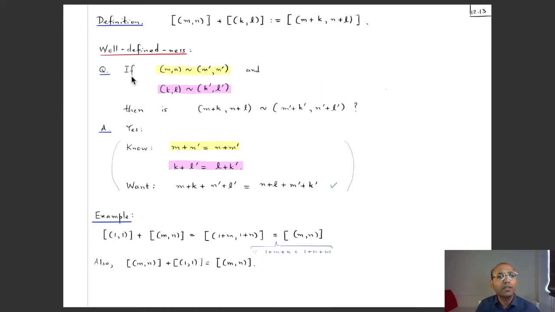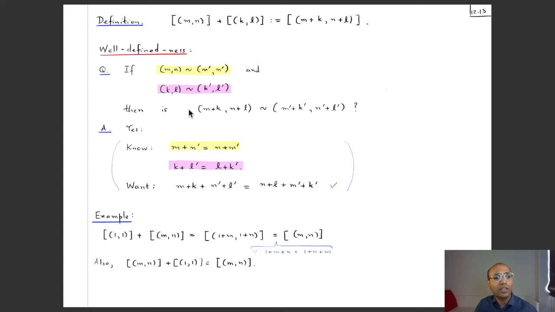To reiterate, the question is like this: if I take any two representatives from this set, say (m, n) and (m', n'), and any two representatives from this set, say (k, l) and (k', l'), then the result obtained over here, namely this ordered pair when I use (m, n) and (k, l), should be equivalent to the result I get if I use the representatives (m', n') and (k', l'), so that once this is true, the equivalence class of this one will be equal to the equivalence class of this one, and so the resulting integer will be the same.